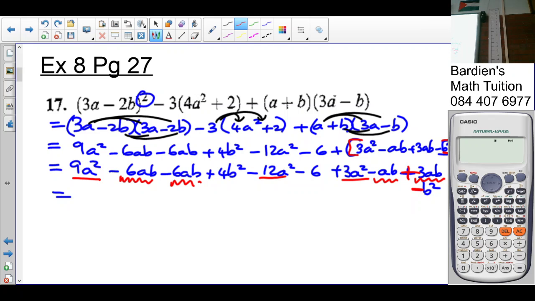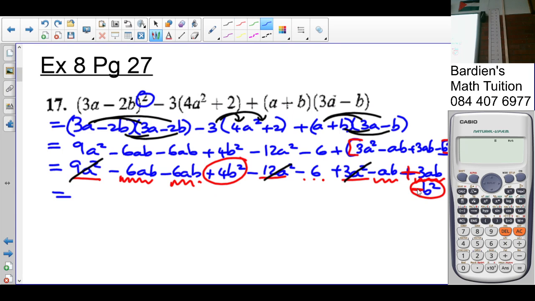You got 4b squared and negative b squared. And this one is on its own, correct? Let's see what we get. 9a squared minus 12a squared is negative 3a squared, plus 3a squared is 0. So it cancels.